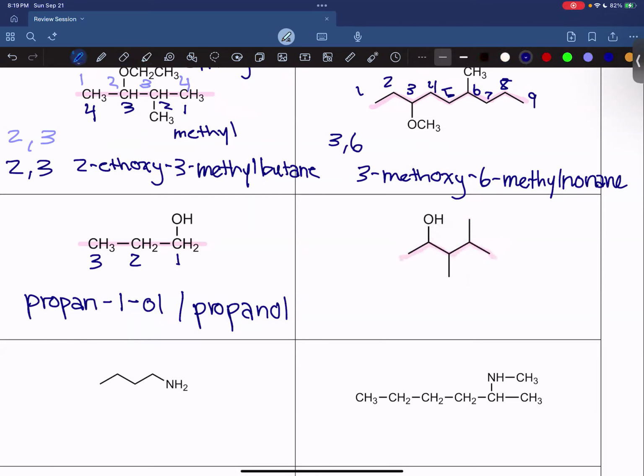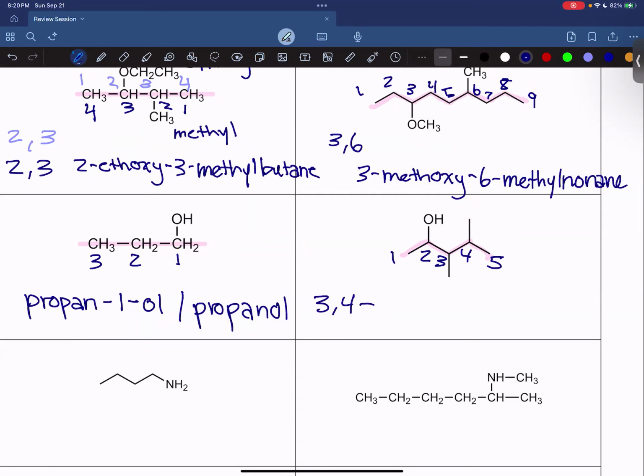Then we are going to number, and even though this numbering scheme would give us 2, 3, 4, and going the other way would also give us 2, 3, 4, we're not going to think about it like that because we have our alcohol, and it's really important that we give that group priority. So 1, 2, 3, 4, 5, and then we have 2 methyl groups, which means we have to put what before the methyl?